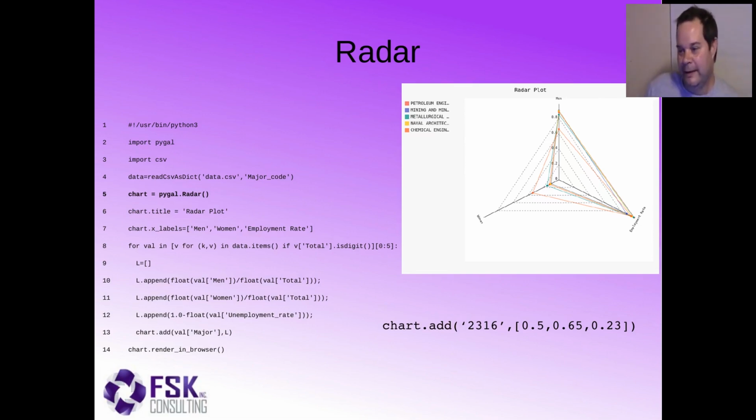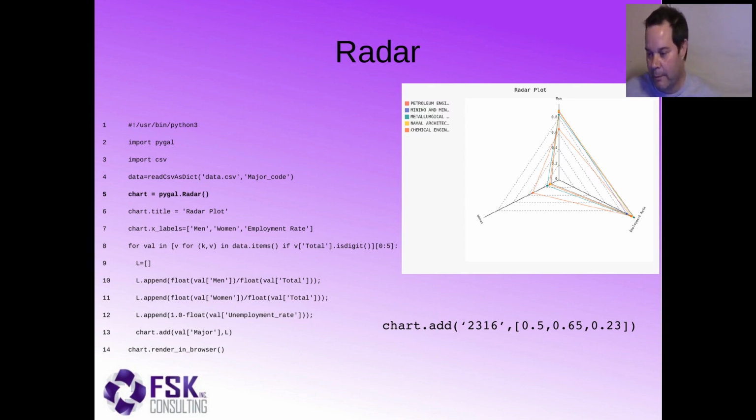Only two more left, and this radar plot, I've seen variations of this years and years ago. It also feels clumsy how I'm trying to use it, but you basically have 3 dimensions here and are trying to represent how this series fits into that. With the origin in the center, the employment rate coming out here, men and women, it's a means to depict participation of a series on all 3 axes.